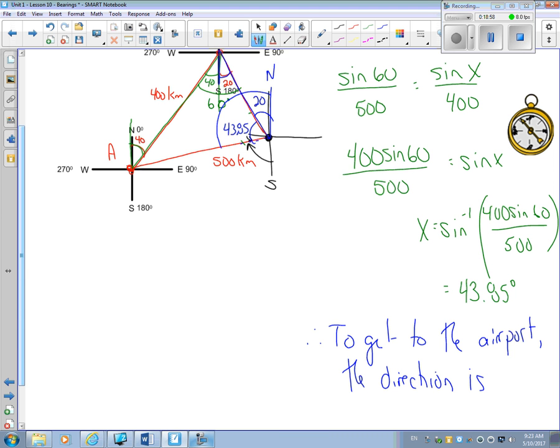That way I can end up flying along here. In other words, the 20 and the 43 together. So north, 63.9, west. That's the direction I'm going to have to fly if I want to get back to the airport. So the diagram, in some ways, is a little deceiving. I didn't draw it to scale, so that kind of makes it a little bit tricky.